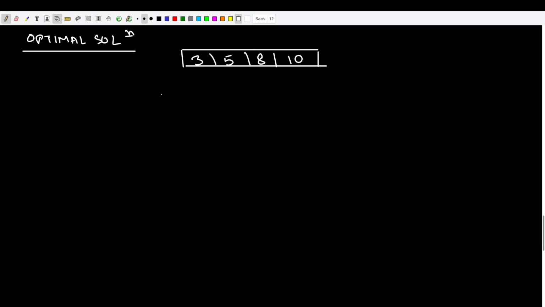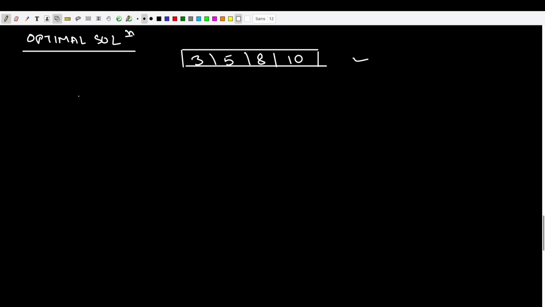Before we begin with the optimal solution, let us study the problem and break it down into its simpler form. Let us say an array is given to us, like 3, 5, 8 and 10, and we want to find out the minimum difference of height between two towers, right?